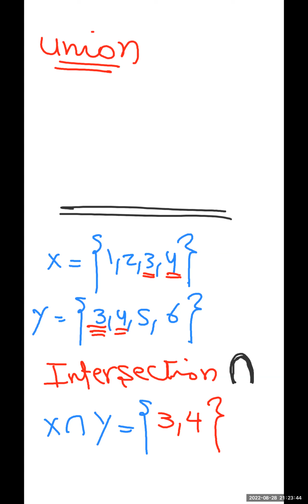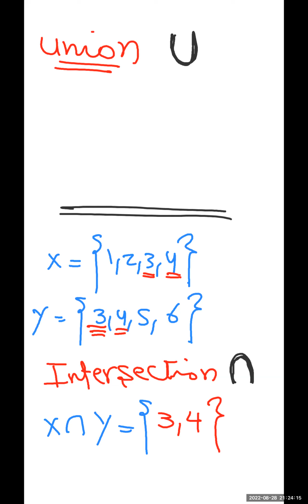We denote it by this symbol, which looks like the letter U. Union means all elements in the two sets, but without repeating. So I list all elements in the two sets to get X union Y, but take care without repeating elements.